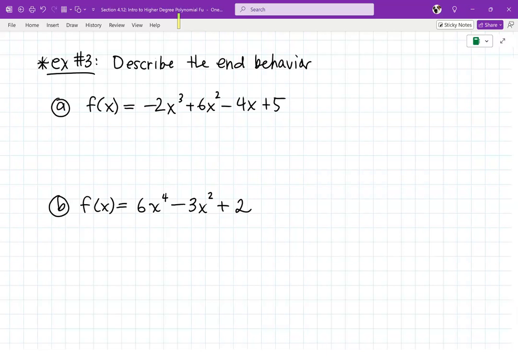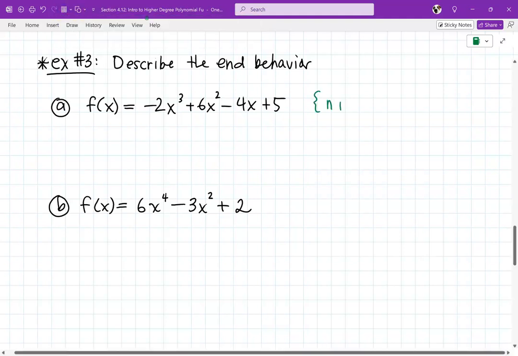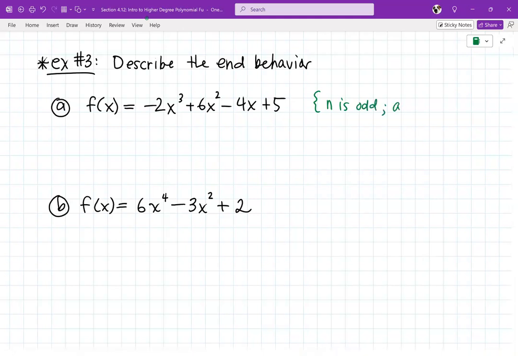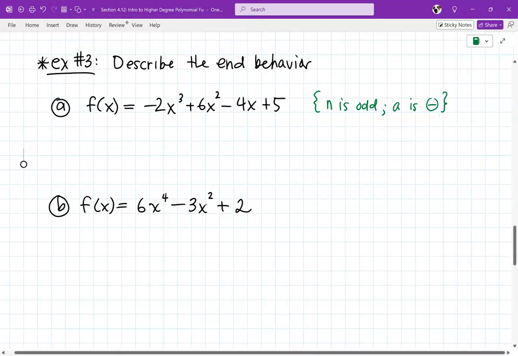I'm going to write this down to the side. I normally don't do it, but I want to make sure you guys see it. What about a? Is a positive or negative? It is negative, it's a minus 2. So look at the notes that we just took. What happens when n is odd and a is negative?